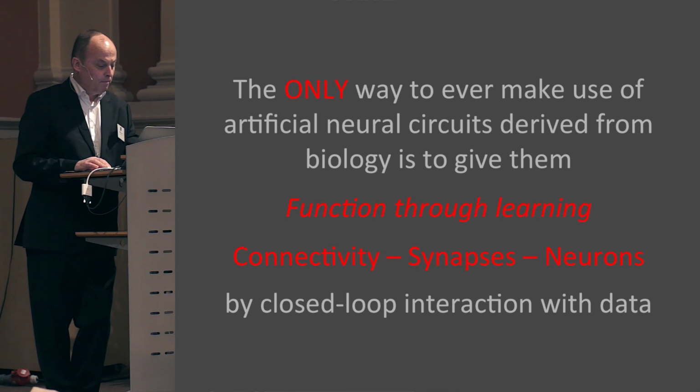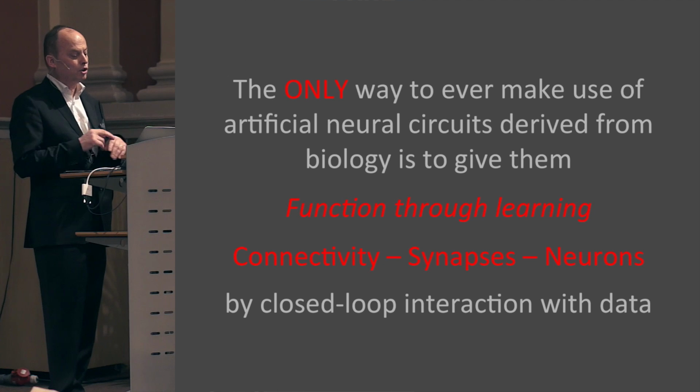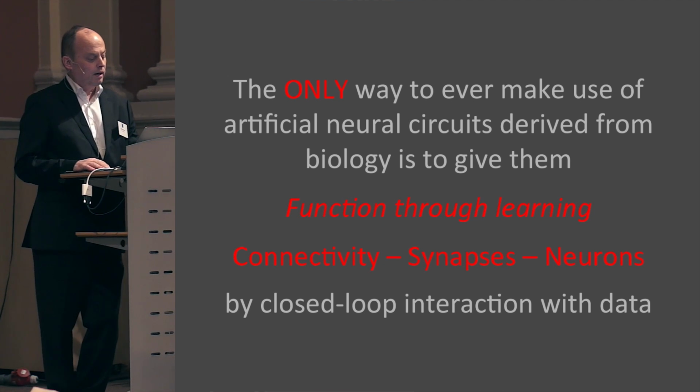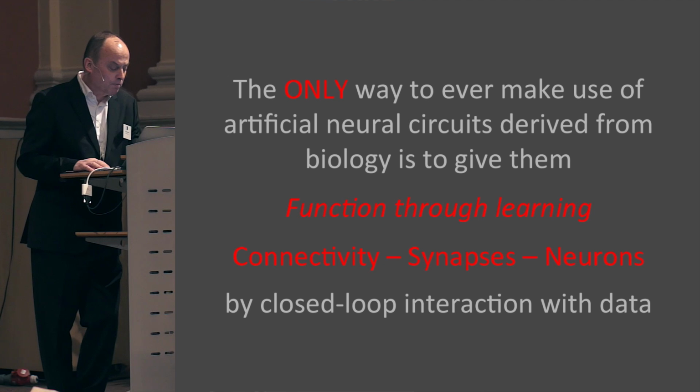And really the most important, how should I say, take-home message here is that the only way, I think, to ever make use of artificial neural networks, both for advancing neuroscience and for applying them to things like machine learning, which may be the more interesting thing in the long term, is to give them function.